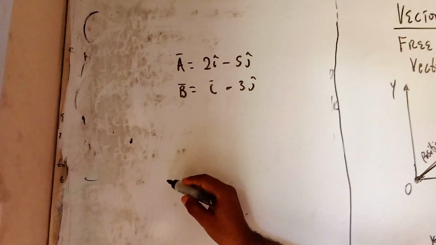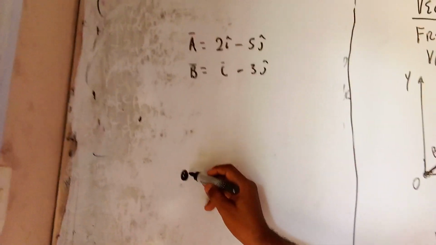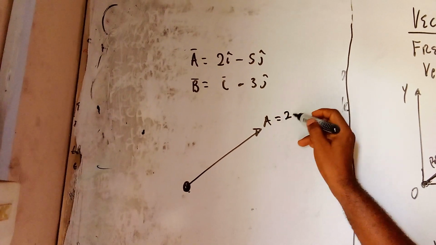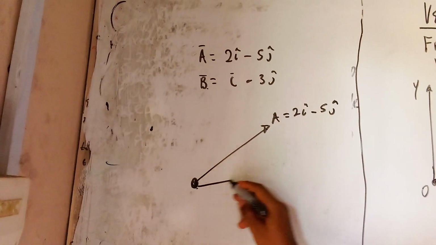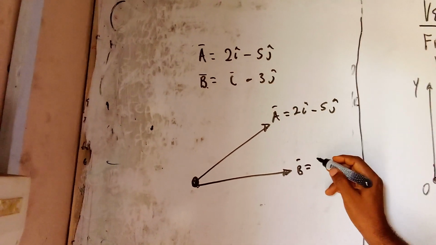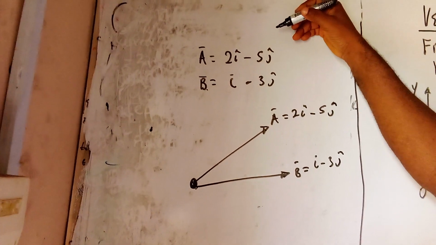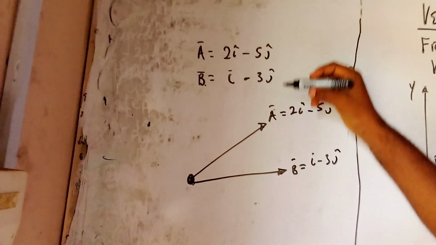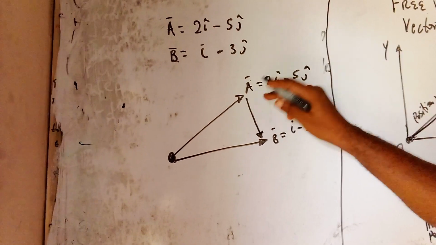Now, this vector A from the fixed point can be written this way, that is OA, so we have 2i minus 5j. Then this particular vector from point O can be written as i minus 3j. Now, we want to determine the free vector with respect to points A and B.